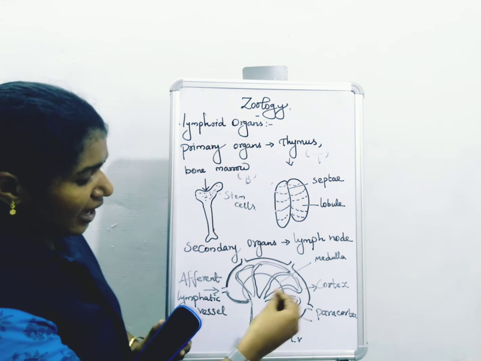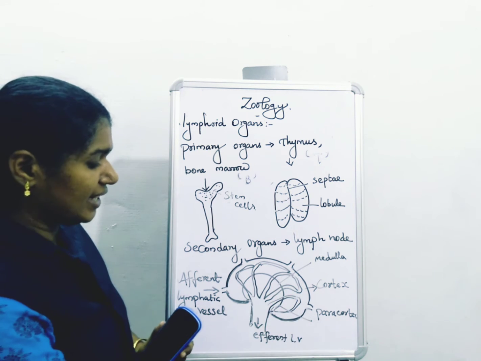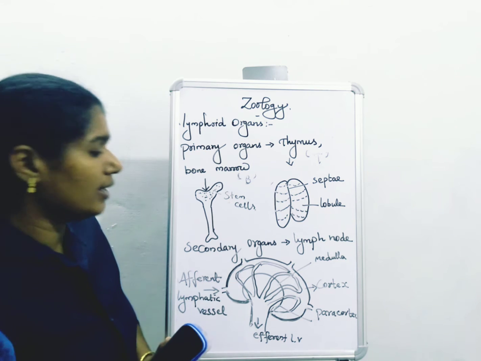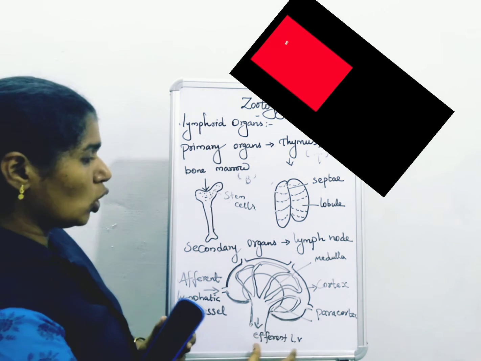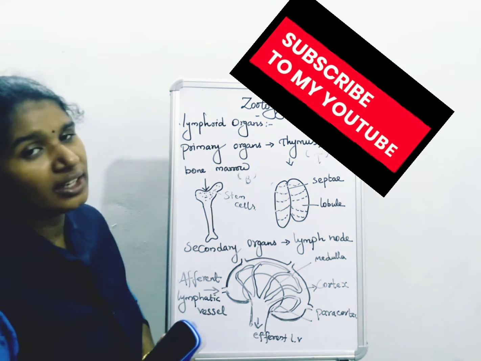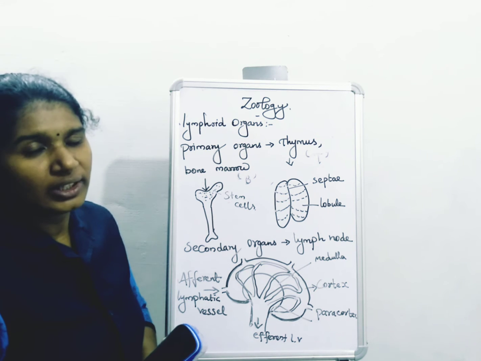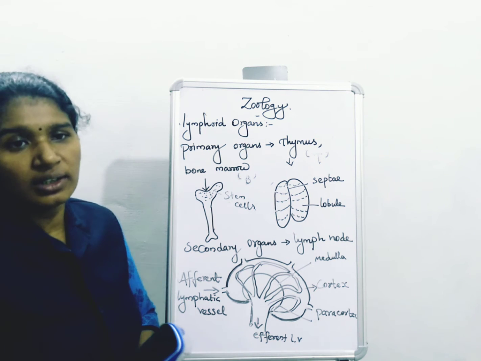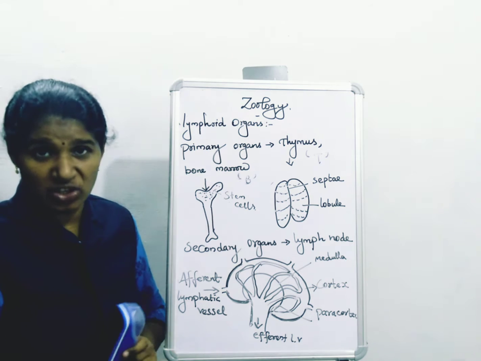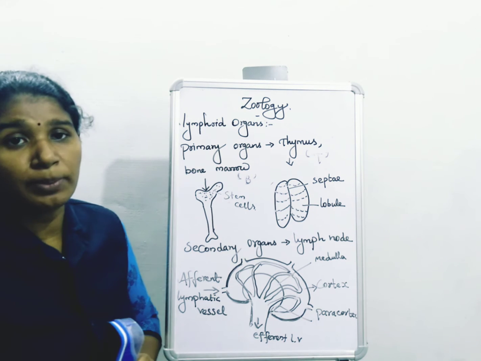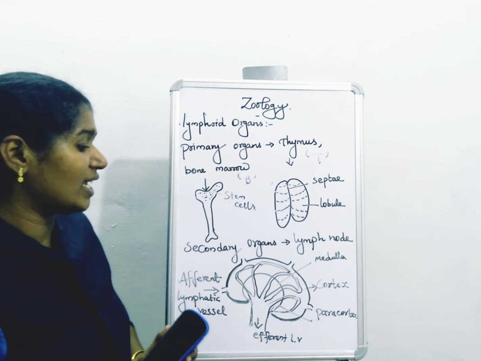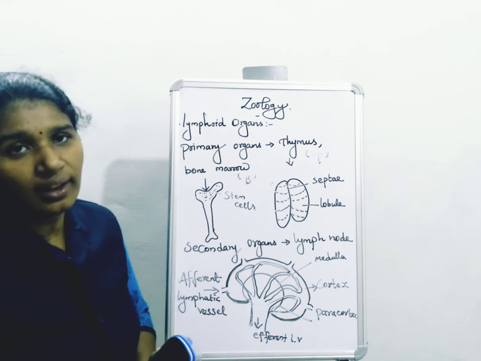The efferent lymphatic vessel drains it and sends it back inside the body. The lymph node contains the fluid called lymph. Lymph helps in the digestion process, and at the same time it provides immune power in our body. That is a major function of the lymph node.